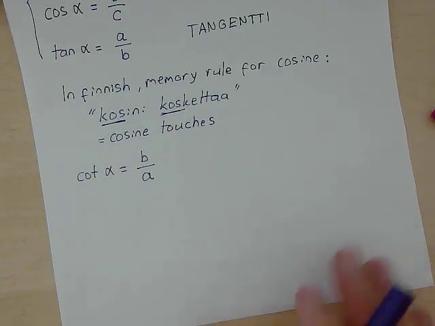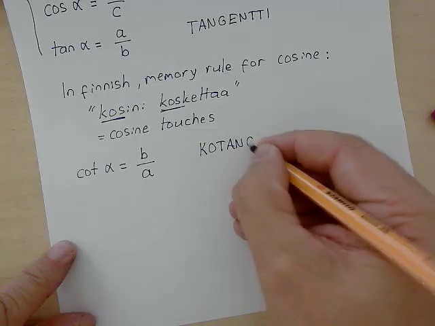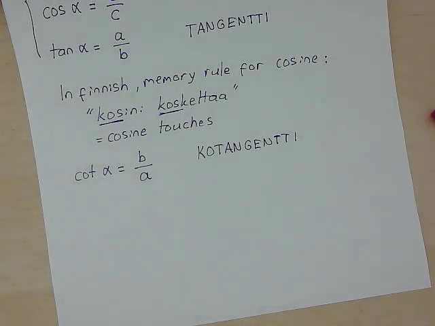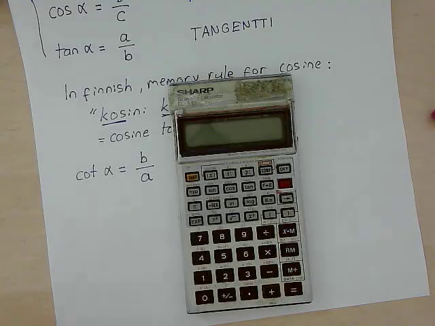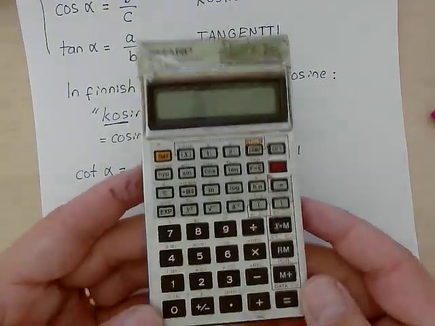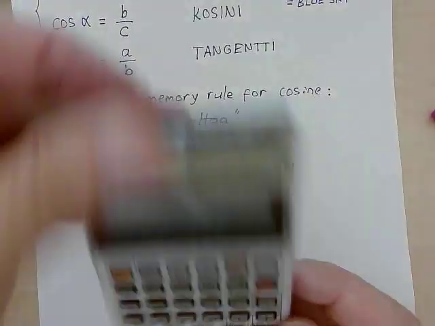And this in Finnish is cotangenti. Usually in older days, this is my old calculator, which I got maybe 40 years ago when I was in high school, and it has been repaired with tape.